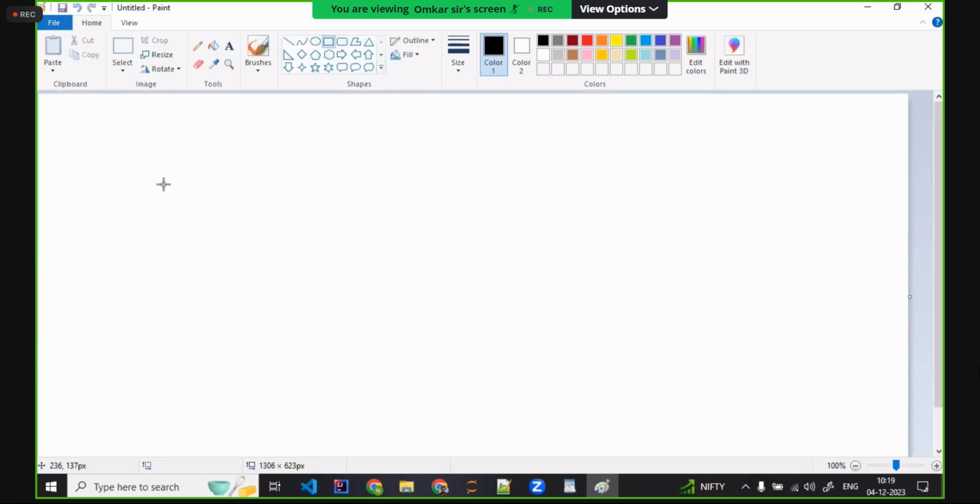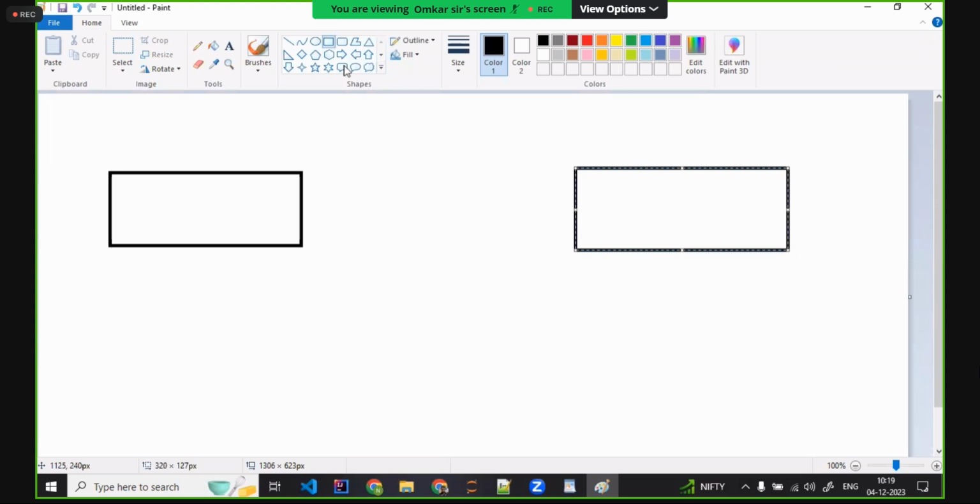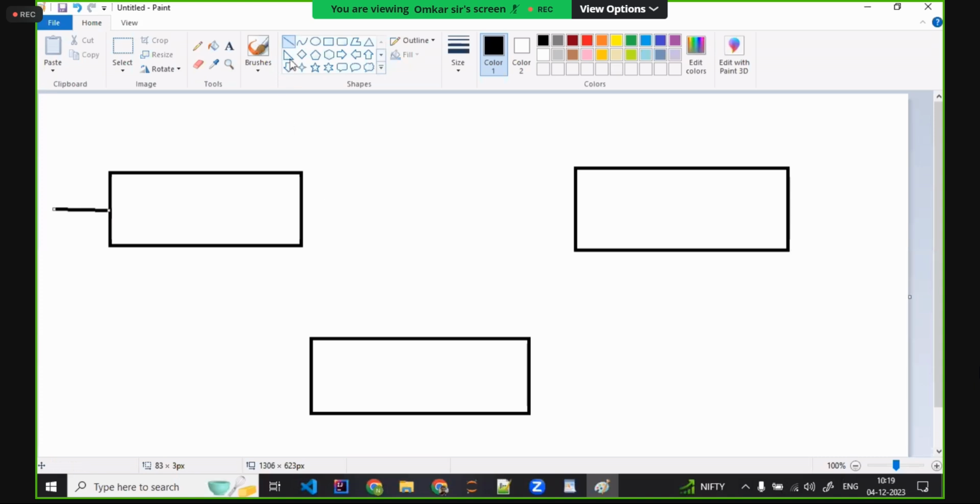Now take three boxes. This is one box, and this is another box, and this is another box. Take three boxes, and take the lines also. Just draw the skewed data.